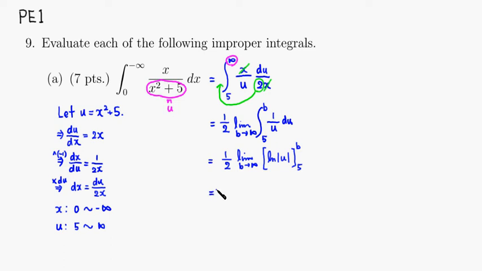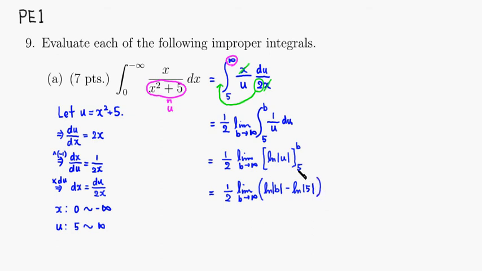You have 1/2 times the limit as b approaches infinity, and we plug in b, so you have the natural log of absolute value b, which won't really matter because b is going to positive infinity, minus the natural log of the absolute value of 5. Again, the absolute value sign doesn't do anything because 5 is already positive.